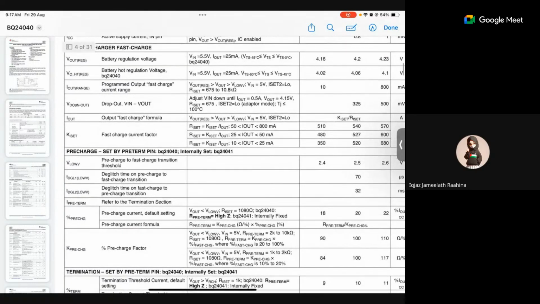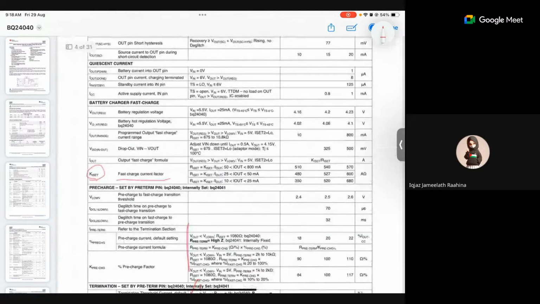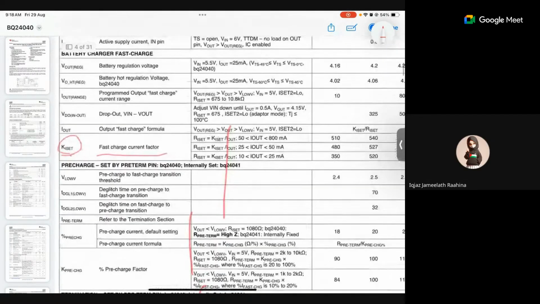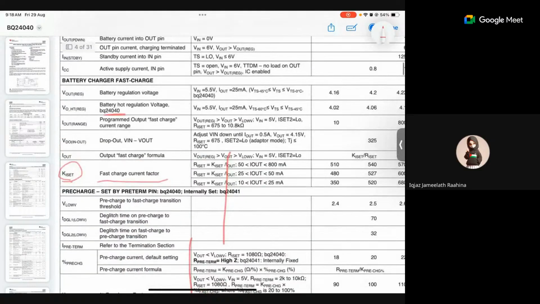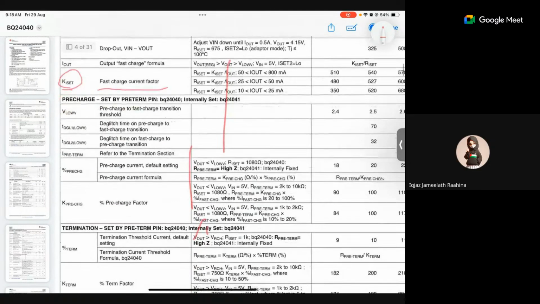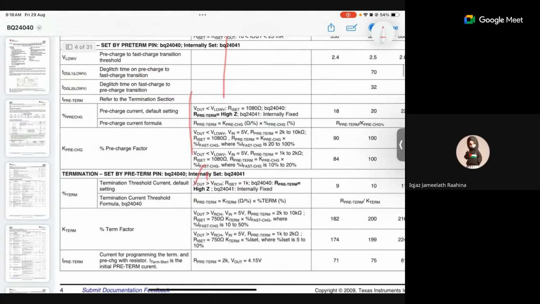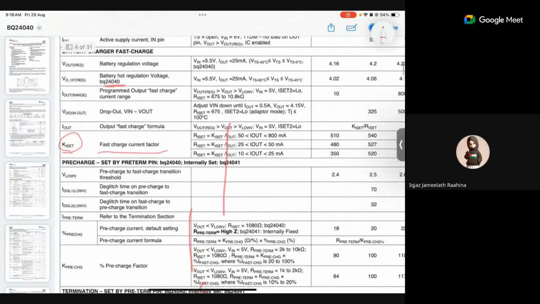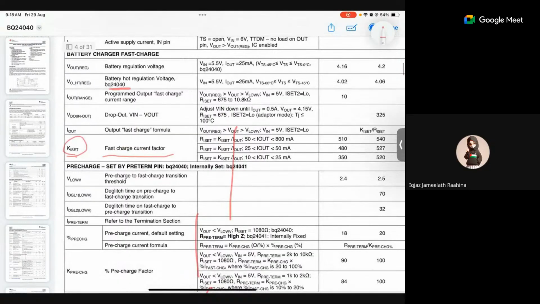If you see here in the data sheet, there is a fast charging current factor given, K I set, and that is for the 24040.